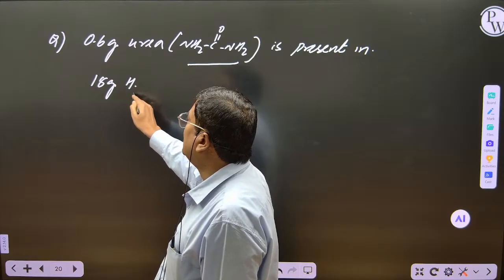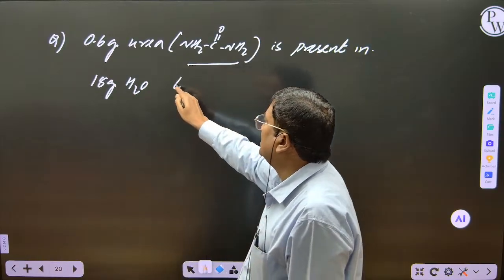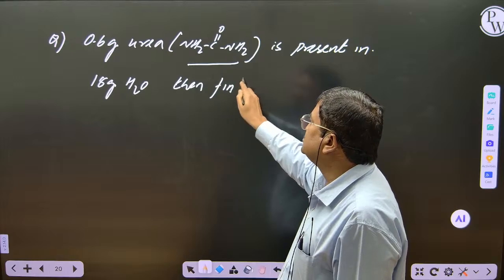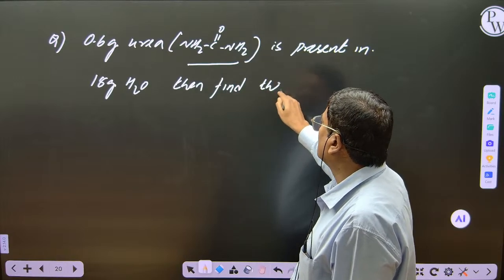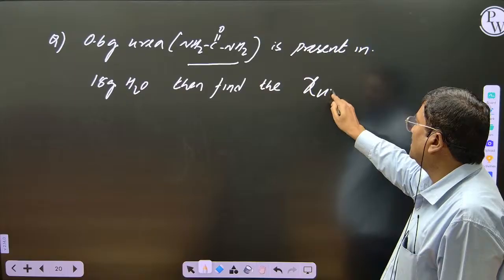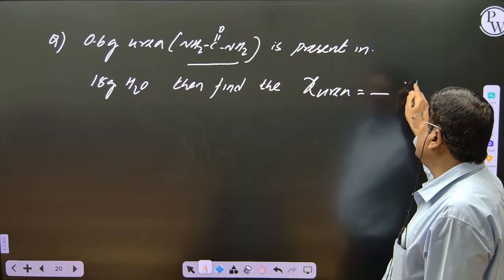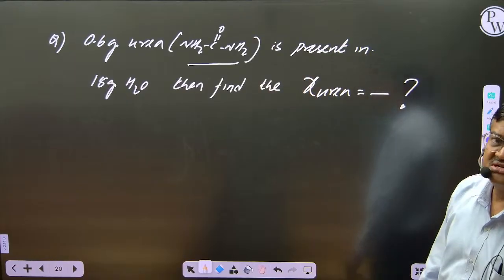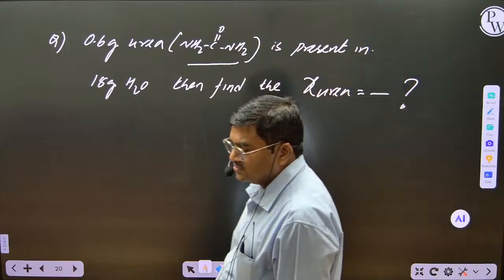What is the formula of water? H2O. Then find the mole fraction of urea, chi of urea. Copy this question. Think how you approach.